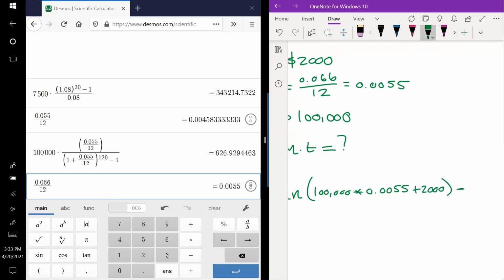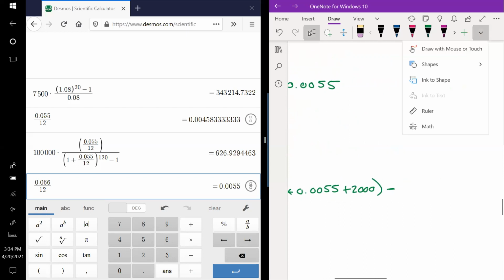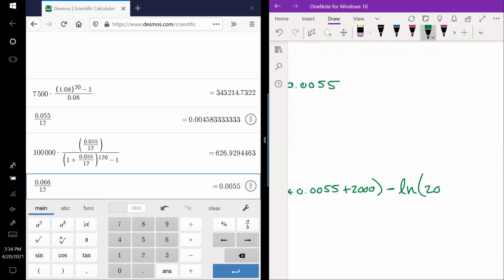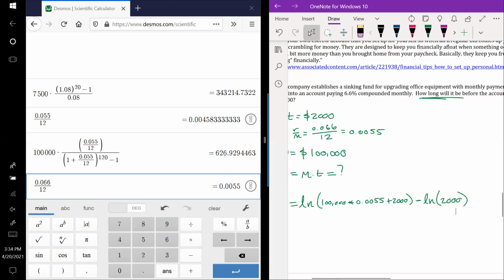And then minus the natural log of your payment. Minus the natural log of 2,000. Okay.